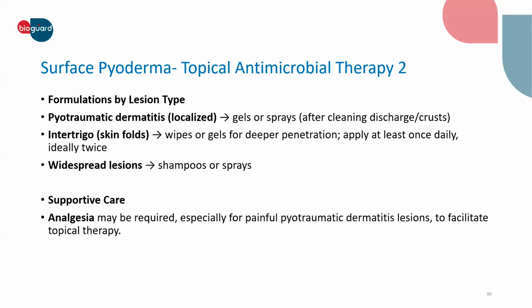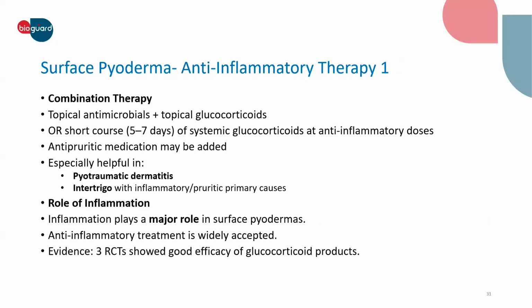For widespread lesions, shampoo or spray would be a better option. And sometimes supportive care like analgesia may be required, especially for painful pyotraumatic dermatitis lesions, to facilitate the topical therapy.